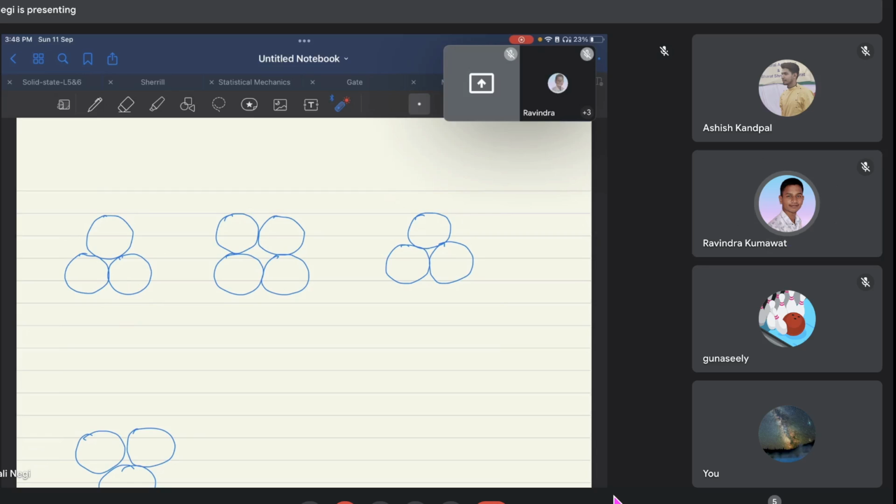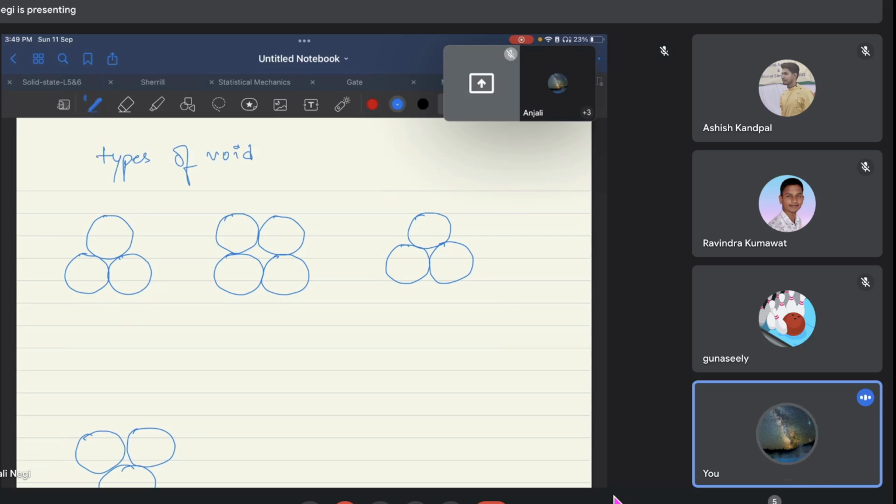Tetrahedral void. For tetrahedral there should be 4 atoms touching each other, but here it is only 3 atoms. The circles represent atoms, so it should be the basic one, the triangular void. Okay, so the heading should be the types of void.